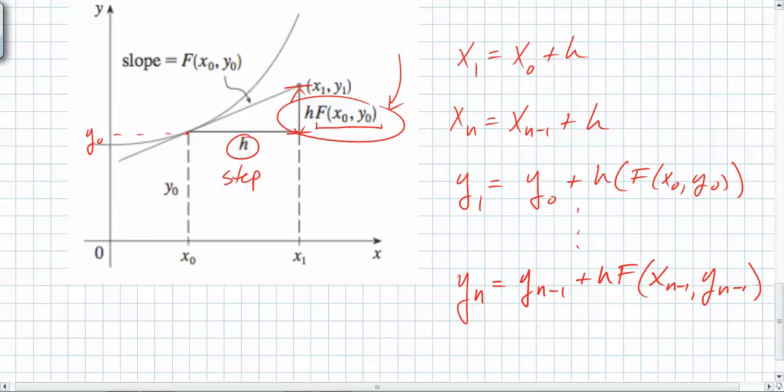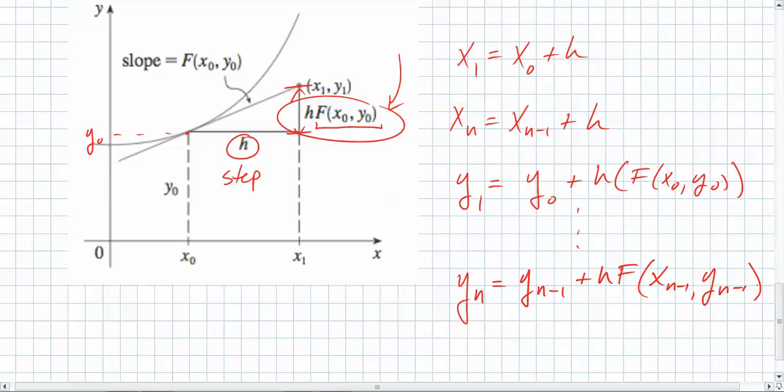Now, this is pretty straightforward, but it is a completely recursive definition. In order to get y2, you need y1. In order to get y3, you need y2. So in order to get yn, you need yn minus 1, yn minus 2, yn minus 3, all the way back to y naught.